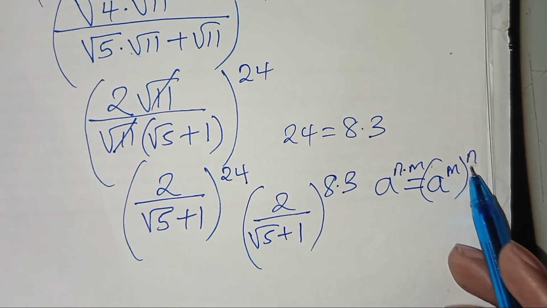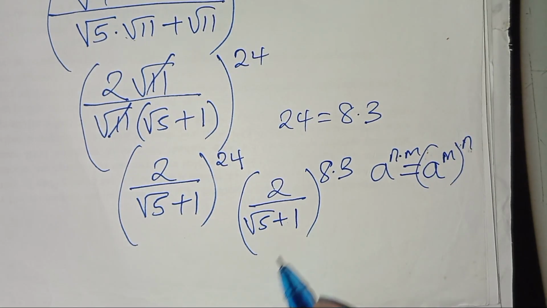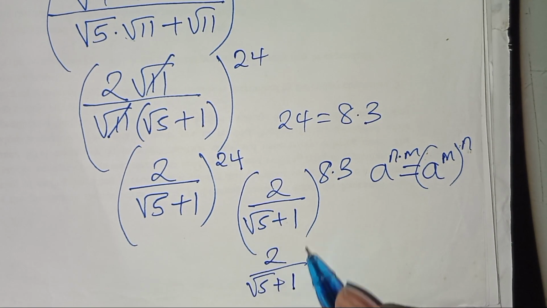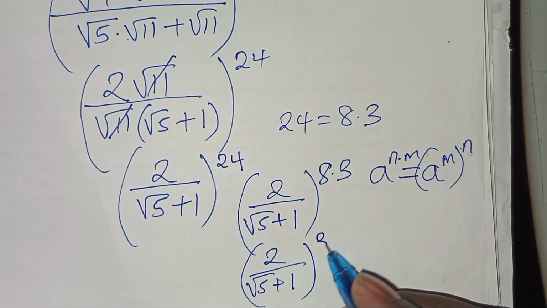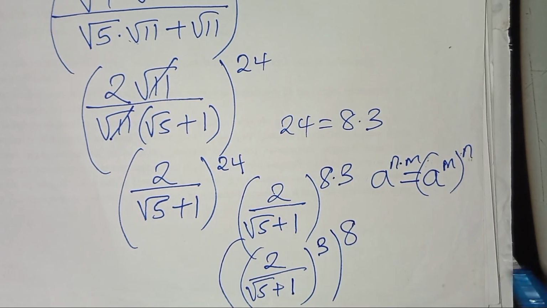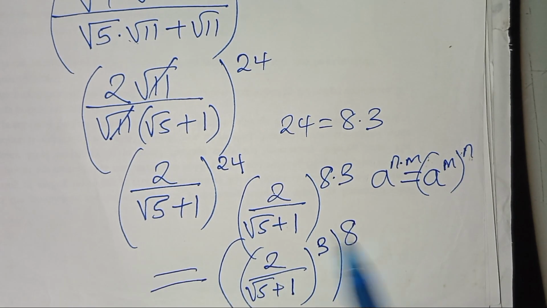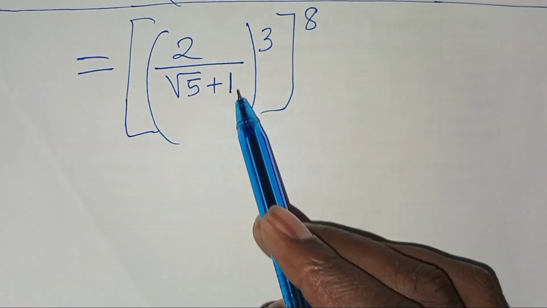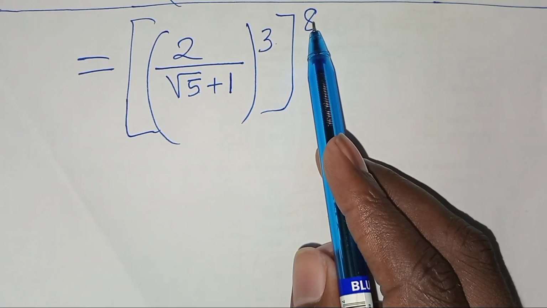Let's apply this property, so now we have 2 divided by the square root of 5 plus 1, raised to power 3, and also raised to power 8. Let's proceed to solve this.